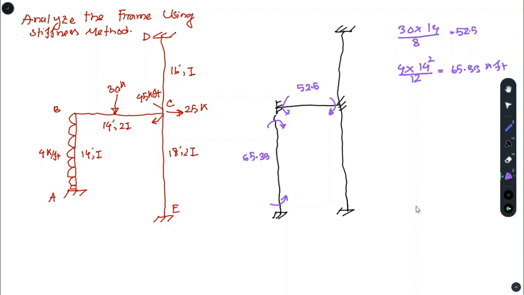Later, we need some reactions as well. Say here the reaction will be in this direction, and here the reaction will be in this same direction, and the reaction will be half of 30, which is 15 kip.